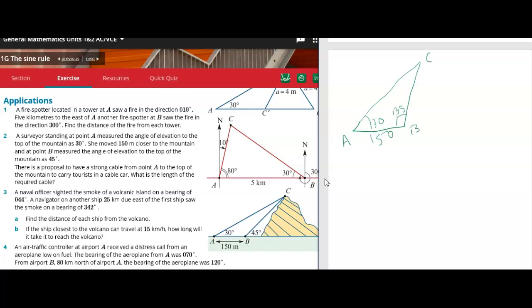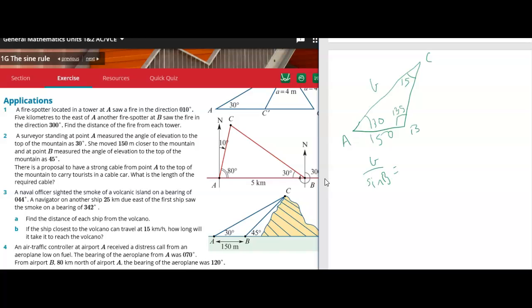And then we can find this angle here, because remember, all your angles have to add up to 180. So at the moment we've got 165, so another 15 brings us up to 180. And we want to know the cable car, so this side from A to C, so we're going to label that as lowercase b. So when writing your sine rule, it's going to be b over sine B.